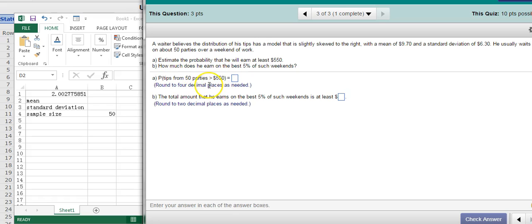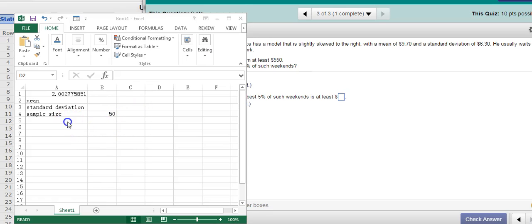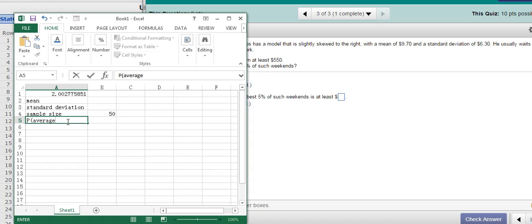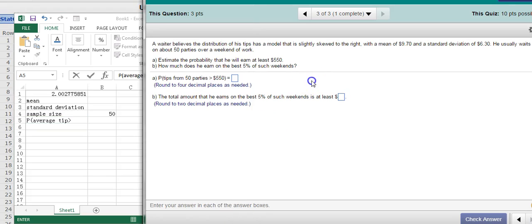What's the probability? We don't know the distribution for these 50 parties. Since we're talking about sampling distribution, we can talk about the mean. So this question is equivalent to asking what is the probability that the average tip is greater than, since you do average tip, you're going to divide this 550 by 50, right?